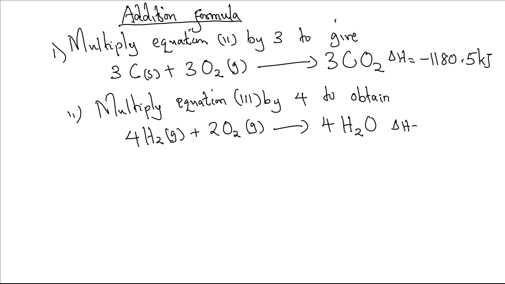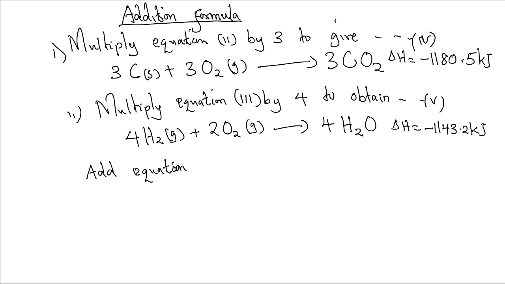It is a very simple one. Delta H for that is minus 1143.2 kilojoule. Then add equation 4 and 5 to obtain. This is what we call equation 4. Then this is our equation 5.